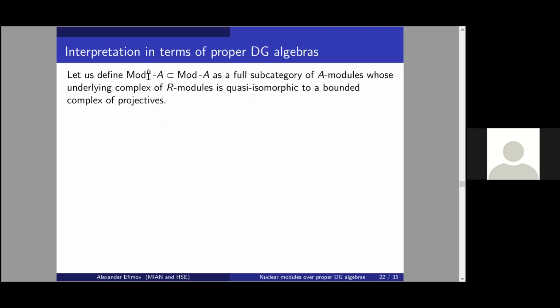Let's define Mod_B A as a full subcategory of A-modules whose underlying complex of R-modules is quasi-isomorphic to a bounded complex of projectives. Then this Mod_B A is just the same as the category which I considered above. And again, it's anti-equivalent to the compact objects of solid modules.